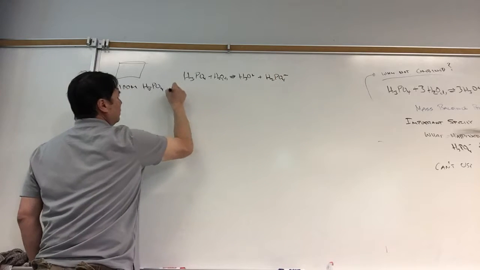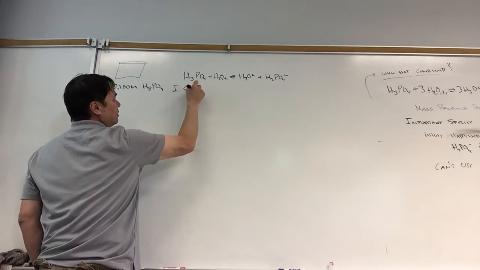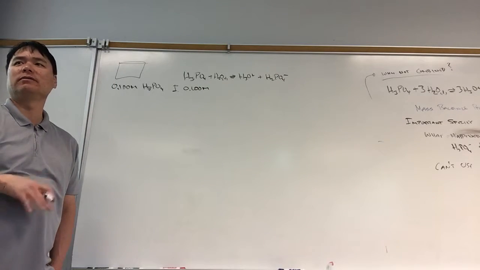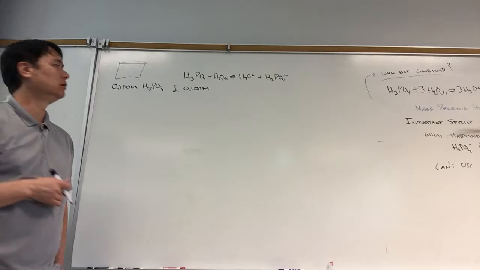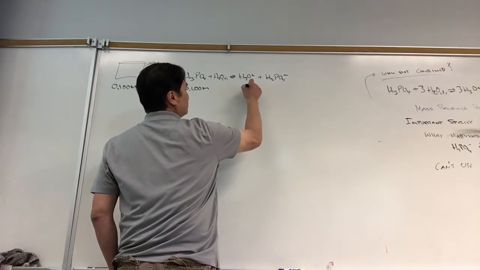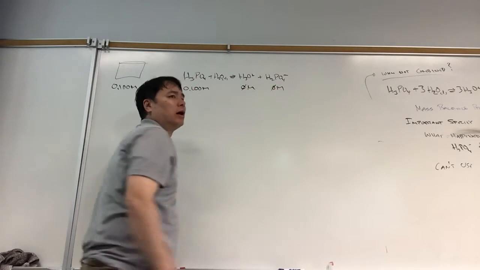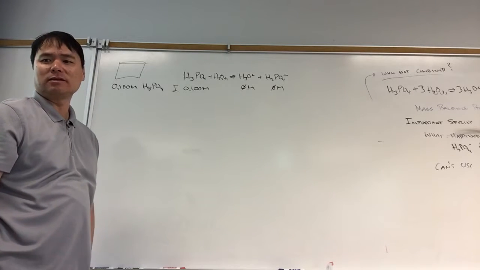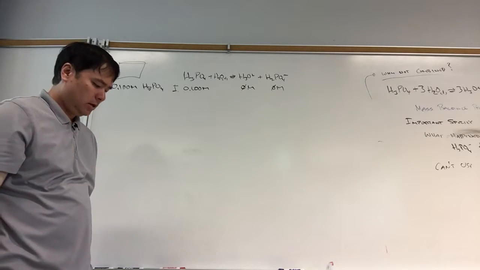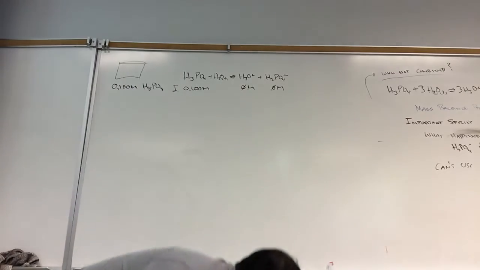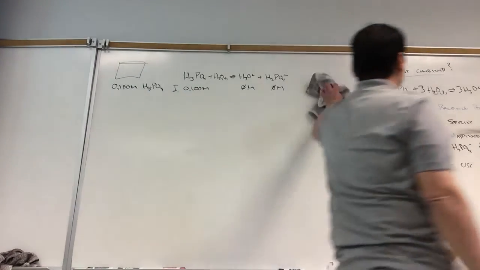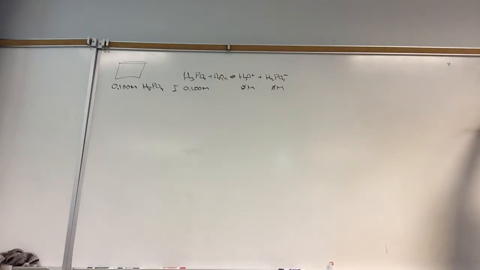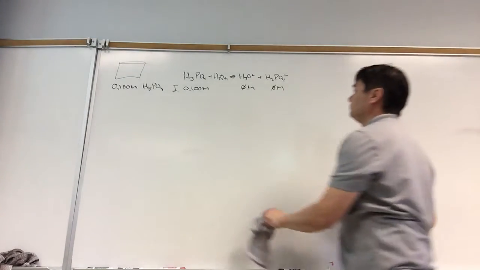What we're going to say is initially everything's reset to the left, right? Initially we have no collisions with water, and we have 0 hydronium and 0 dihydrogen phosphate present. This is the easiest because we don't know how much of the other species are present at equilibrium, so it's best just to assume equilibrium hasn't been established.